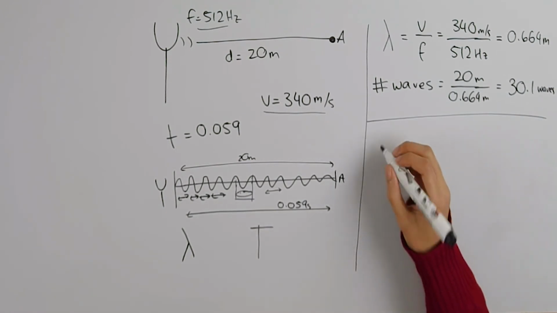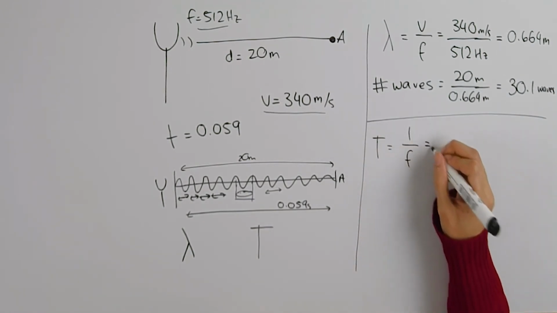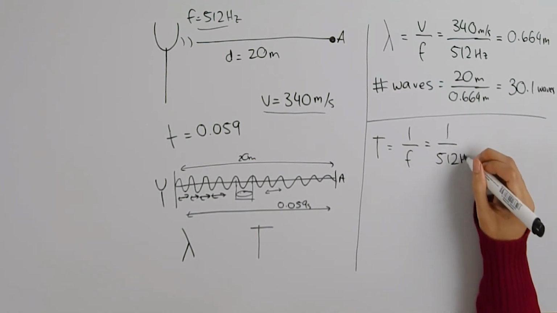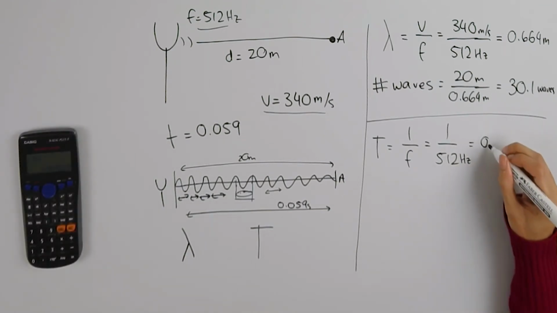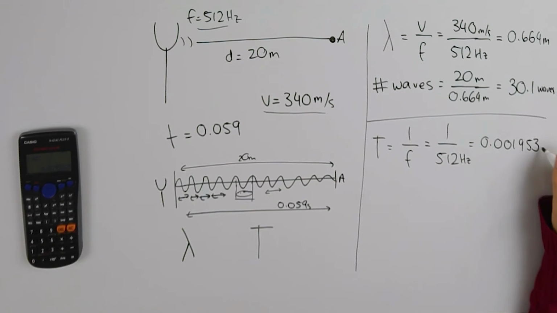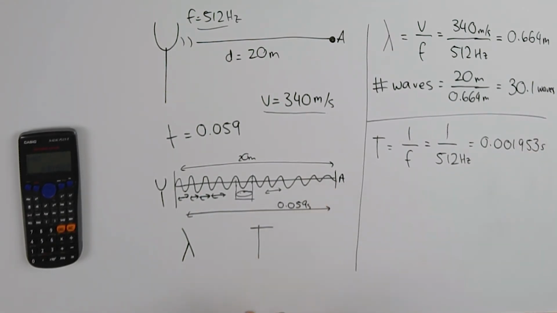To work out the period, remember we can use the reciprocal of the frequency. So we have 1 over f, which is 1 over 512 Hertz. This gives us 0.001953 seconds. So this is the time taken for just one of these little wave cycles.